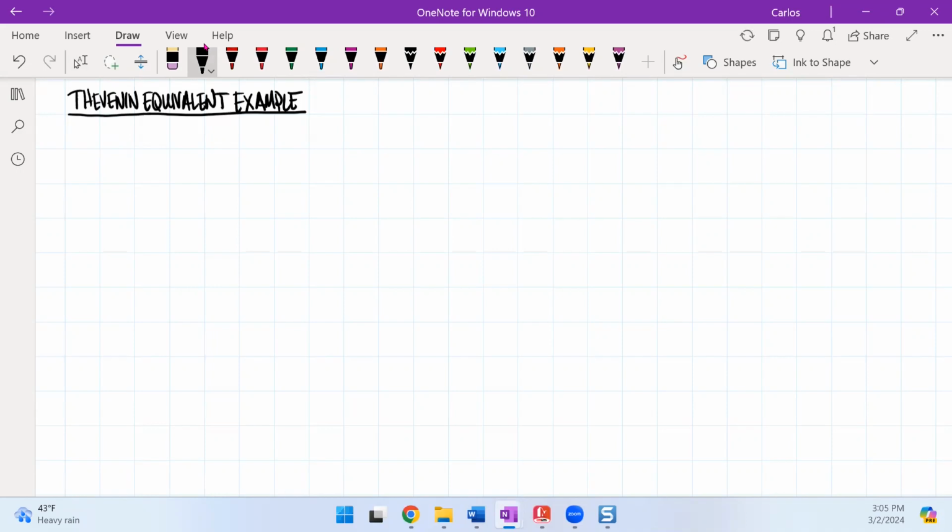To understand the process of a Thevenin equivalent, I want to do this Thevenin equivalent example.